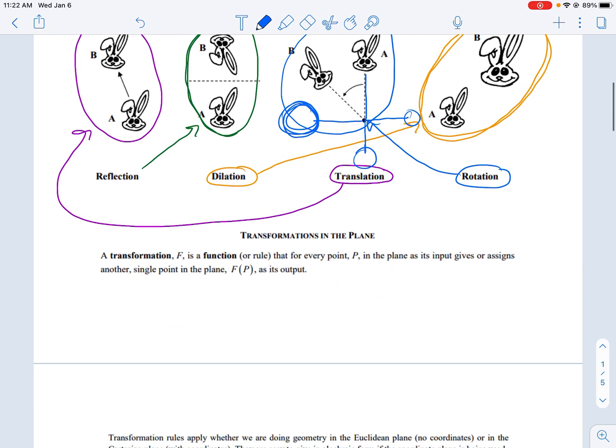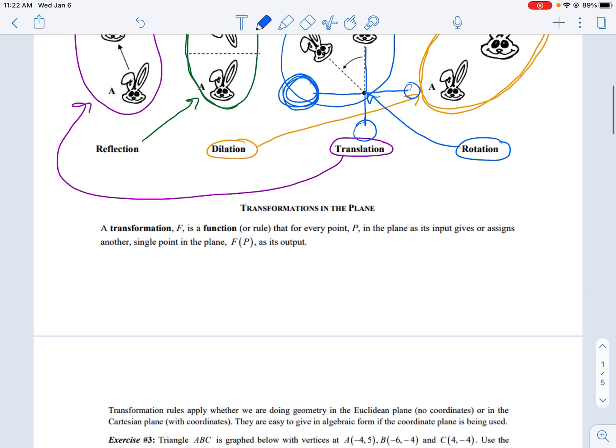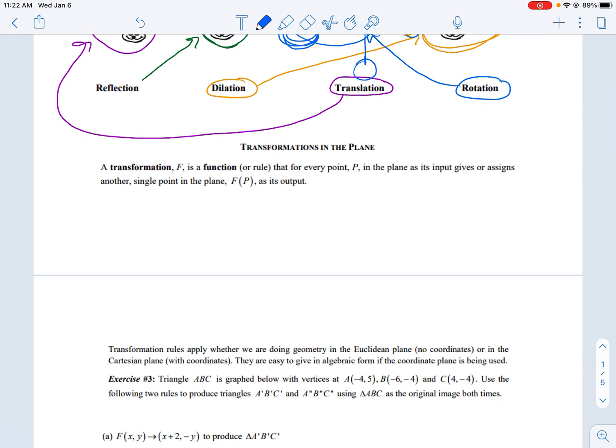So here's kind of a boring definition, okay? Always got to include these, but a transformation, f, is a function or rule that for every point P in the plane as its input assigns another single point in the plane, f of P, as its output.